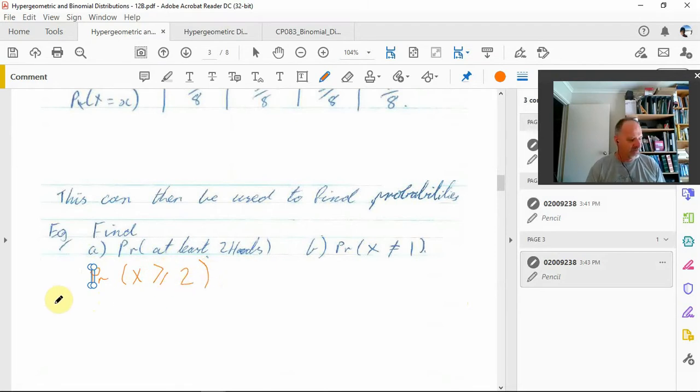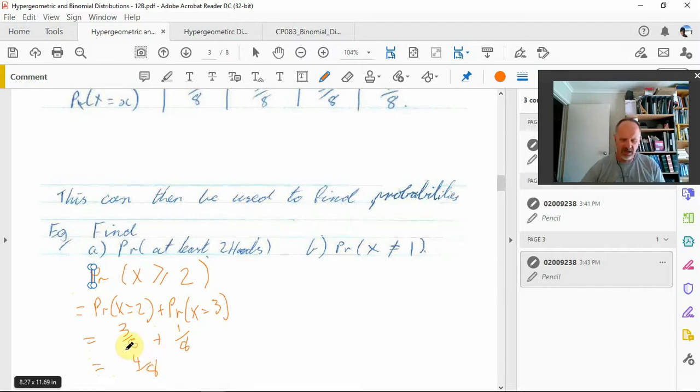And so, of course, that is the probability that x equals 2 plus the probability that x equals 3. And so when we look at that, you've got 3/8 plus 1/8, which is 4/8, which is equal to 1/2.